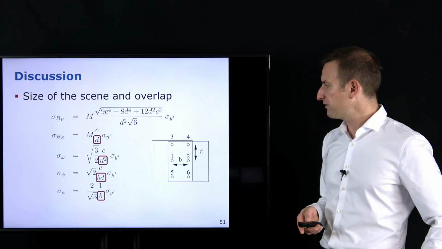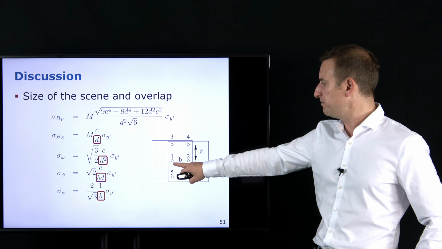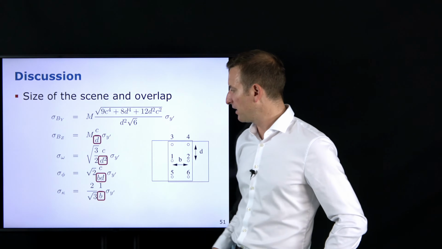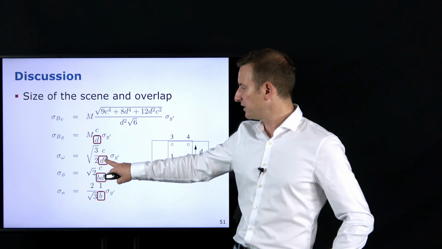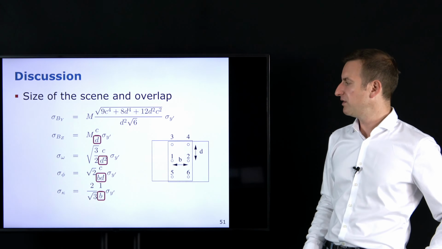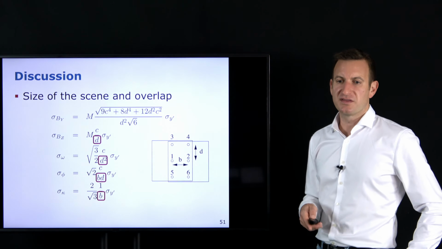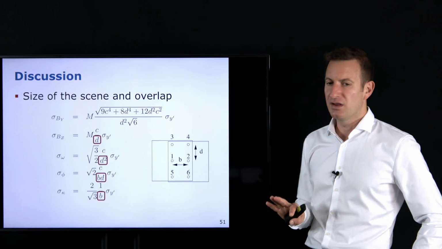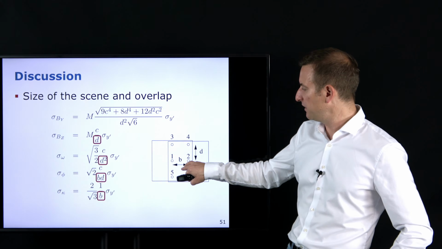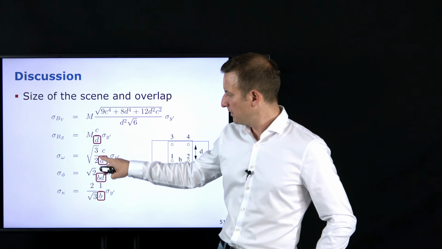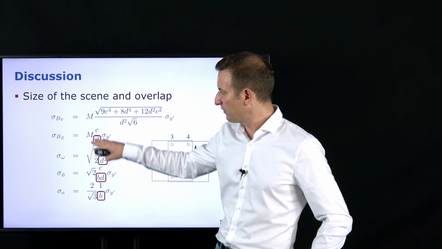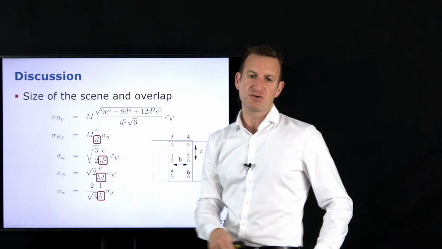Okay, so then the next thing we may want to look into are those values B and D over here. So there's D popping up here, there's B popping up here. Some of those values actually can be seen as squared values. Some of them there's only a linear dependency in there. But what we can see is the larger the scene and the overlap of the images, the better the result. So if I'm increasing B or increasing D, they are all sitting down here, those values, if I increase those values over here, the uncertainties of the parameters will drop.